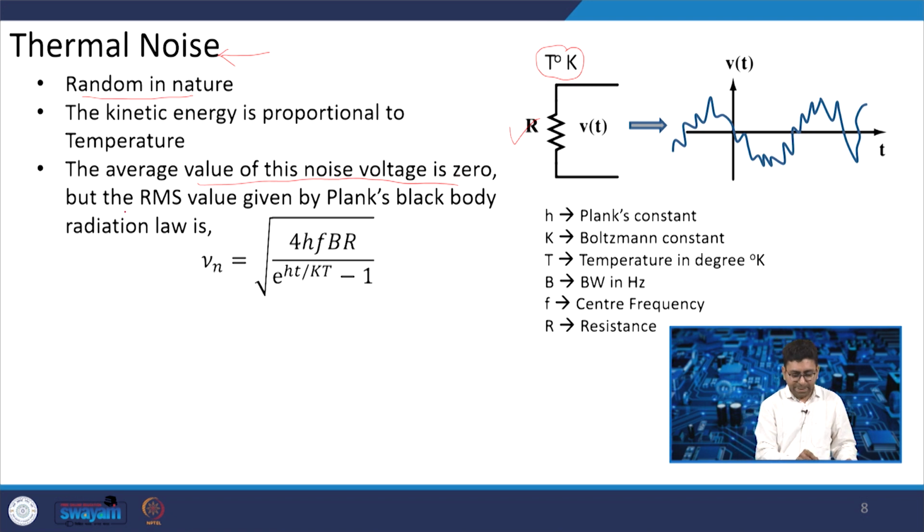However, the RMS value is given by Planck's black body radiation law. If I want to find the noise voltage Vn, it will be given by the square root of 4hfBR divided by e raised to hf by kT minus 1. Here h is the Planck constant, k is the Boltzmann constant, T is the temperature in Kelvin, always remember this is in Kelvin, B is the bandwidth in hertz, f is the center frequency, and R is the resistance.